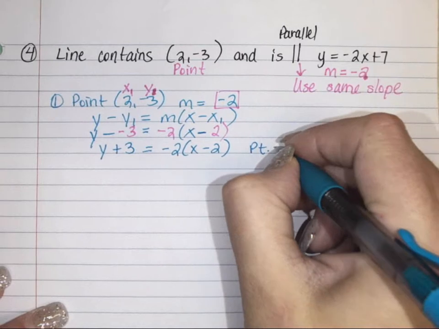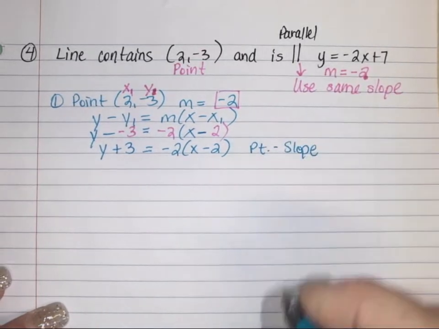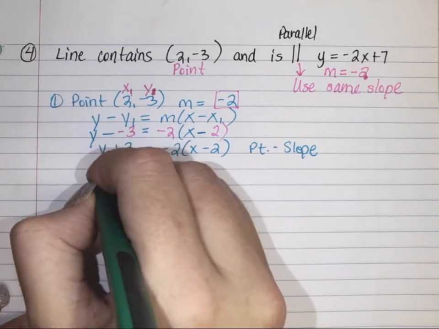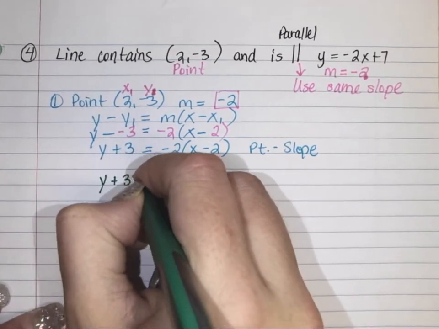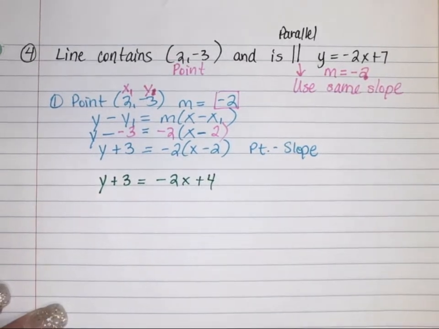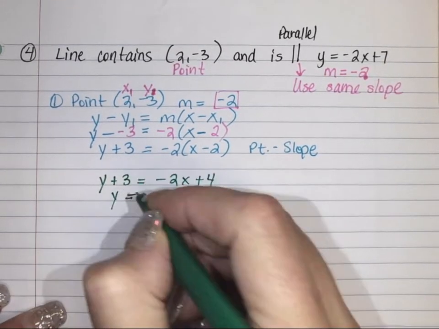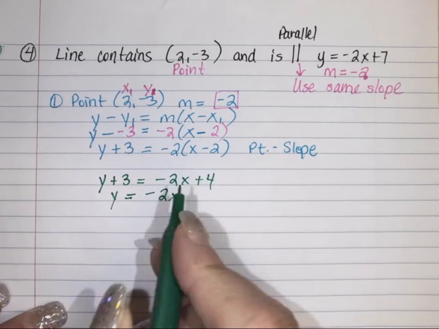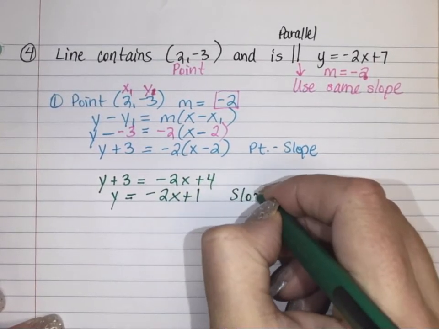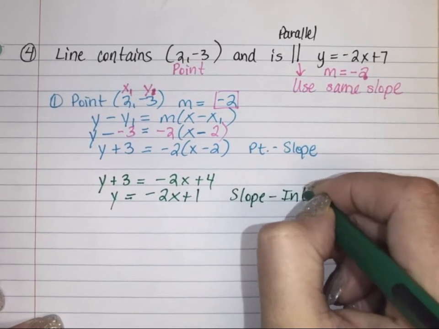That's in point slope. If we go ahead and solve it for y, distribute -2, and then subtract 3, -2x plus 1, that would be in slope intercept.